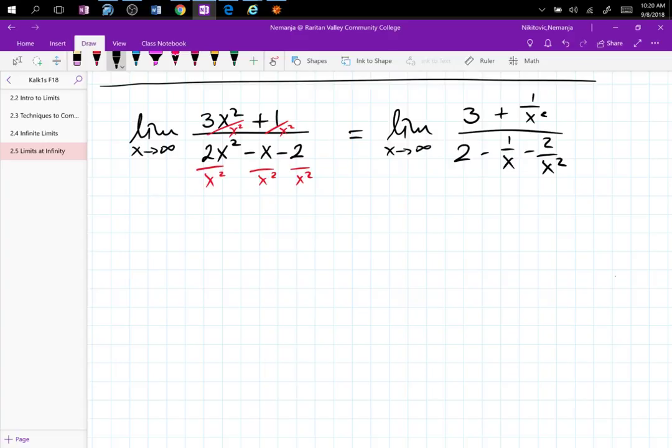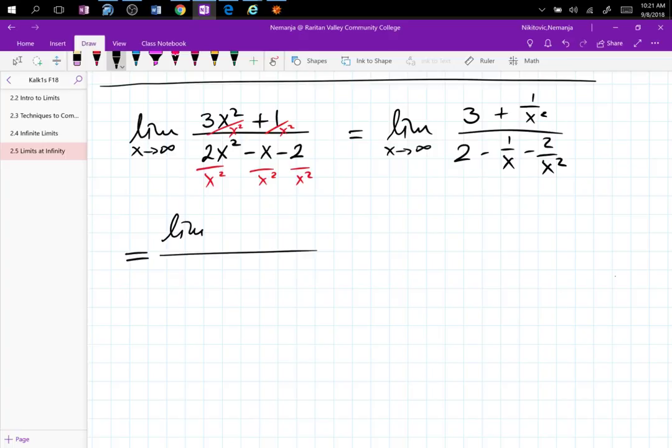Then I'm going to write the step that you will never write after this time. By properties of limits, you know that each individual term gets its own limit as x goes to infinity. So you are taking a limit of one function and actually making this into a problem of 5 separate limits.